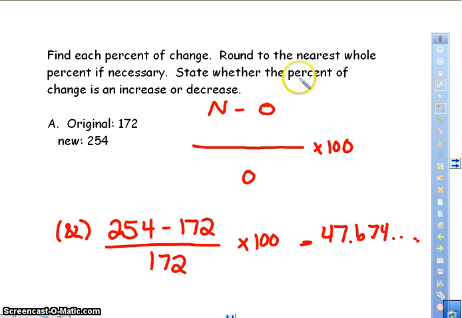We're going to round to the nearest whole percent, so this would be 48%. Since my original is smaller than my new, this would be a percent of increase. Okay, so new amount minus original amount or old amount divided by original. Then you multiply by 100. So subtract first, then divide, then multiply by 100.